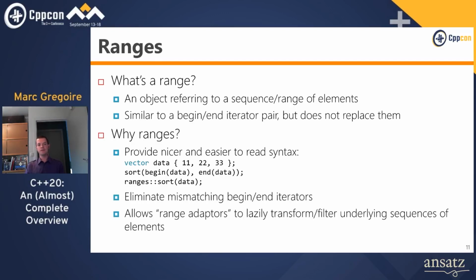The nice thing about this is that it's impossible to have mismatching begin and end iterators. For example, I could call the sort algorithm and pass it a begin iterator of one container and accidentally pass it the end iterator of another container, the compiler will not complain, but of course it will not do what you expect at runtime. With ranges and the algorithms that support the ranges, you cannot make these mistakes.